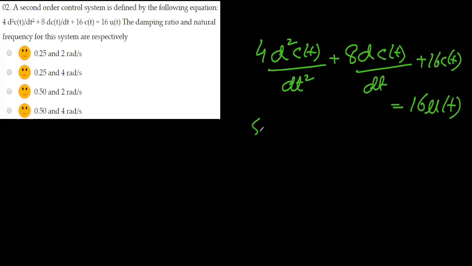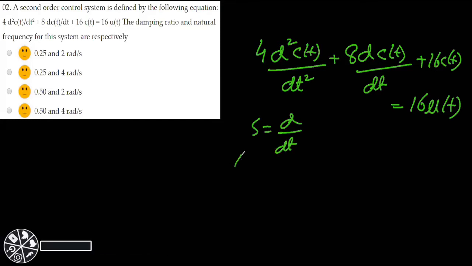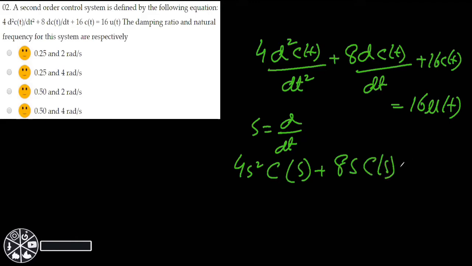As we know that s is equal to d by dt, this will be equal to 4 s square C(s) plus 8 s into C(s) plus 16 C(s) is equal to 16 U(s).